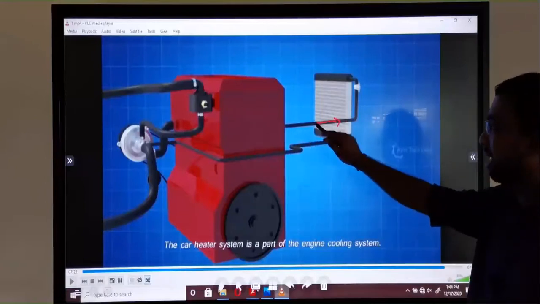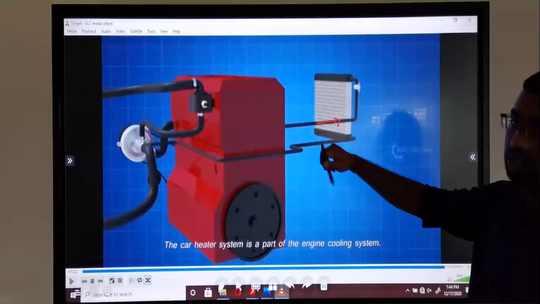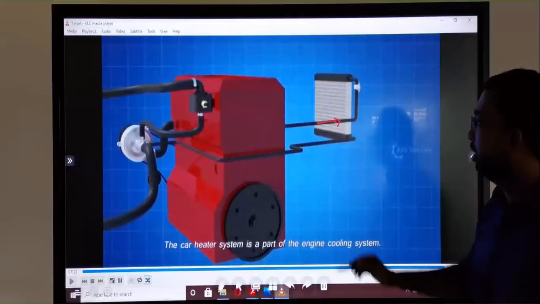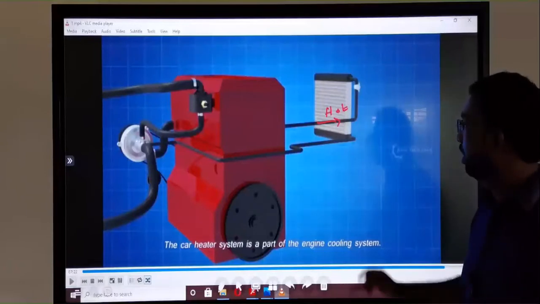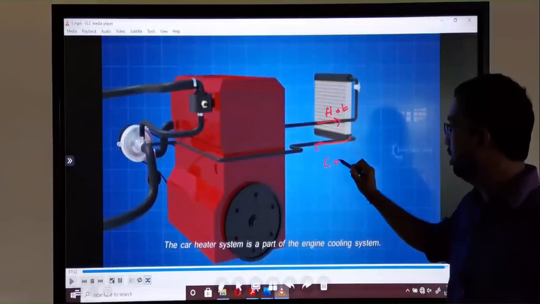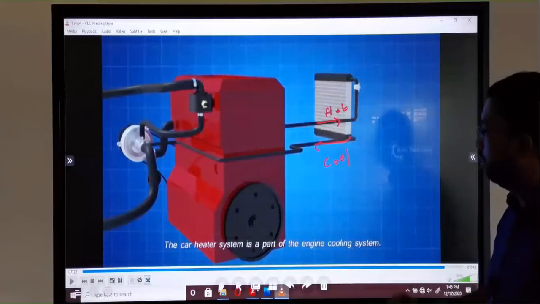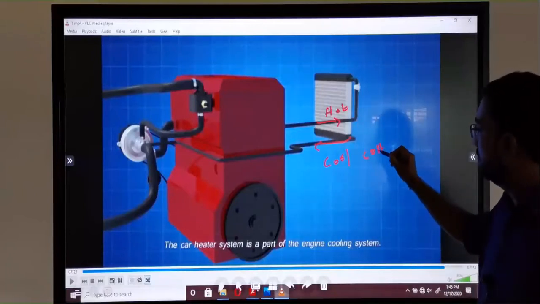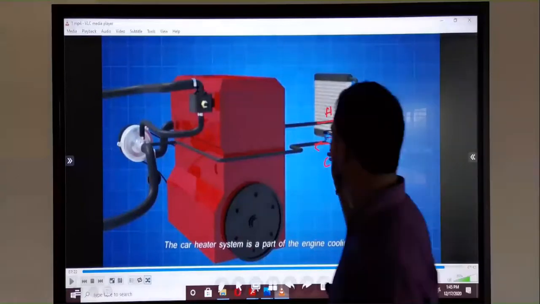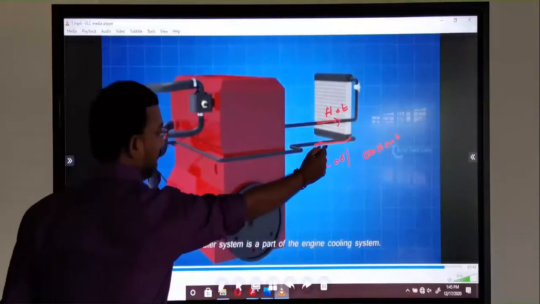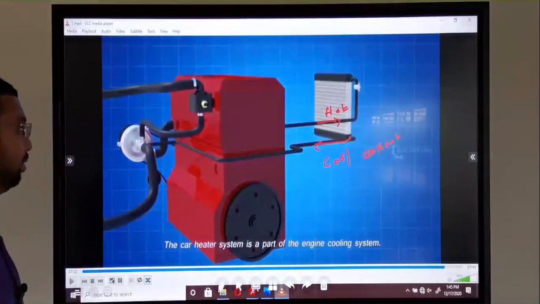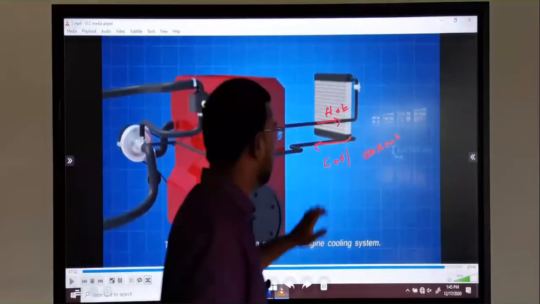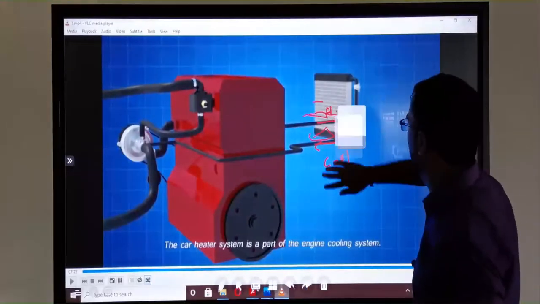There is another line that connects with the engine outlet, so the hot coolant comes to this core. This is the outlet line, which connects with the intake line of the water pump. Let's see how it works.